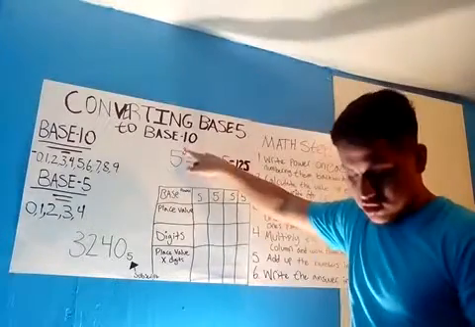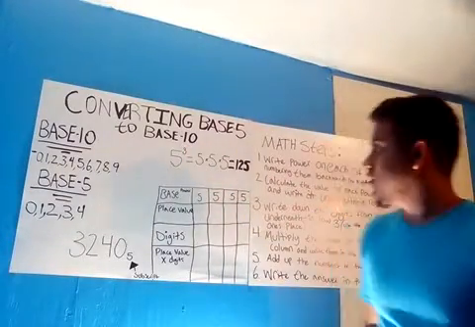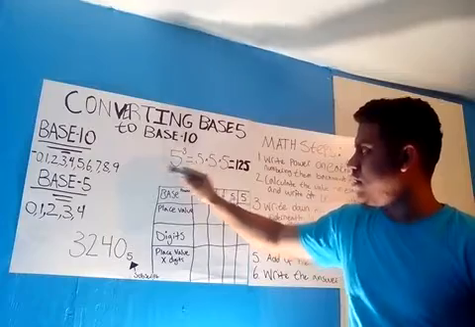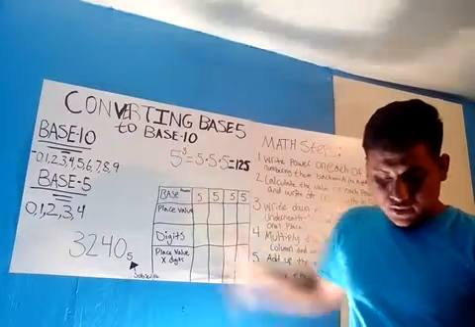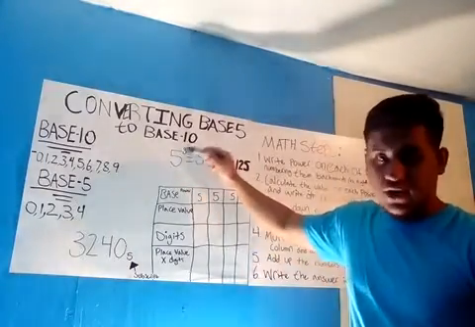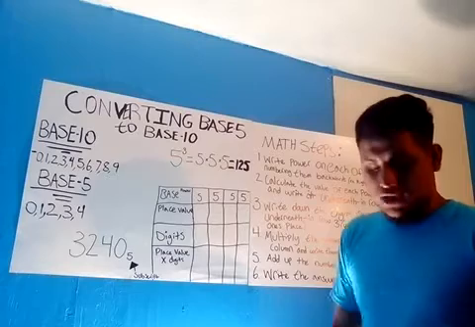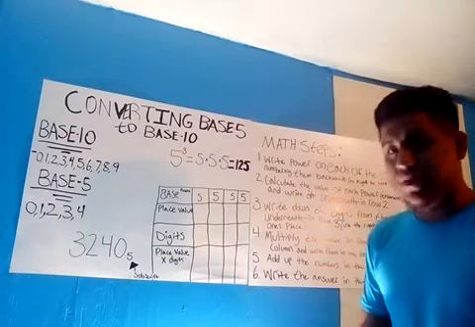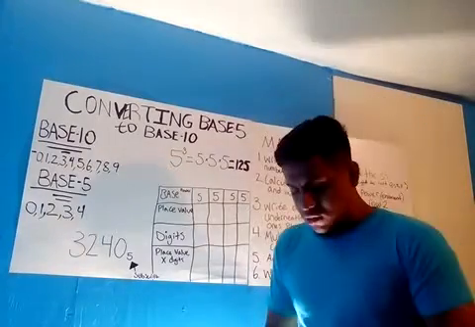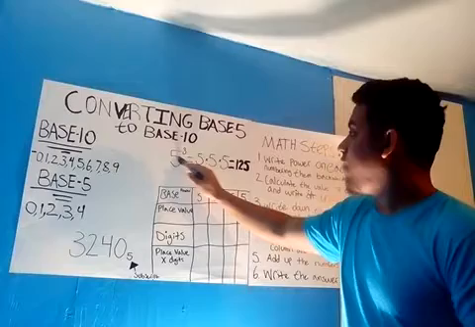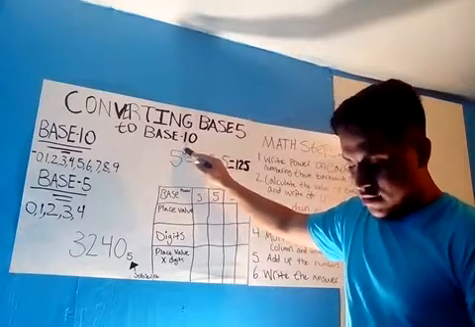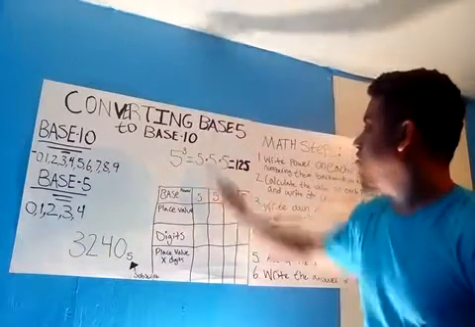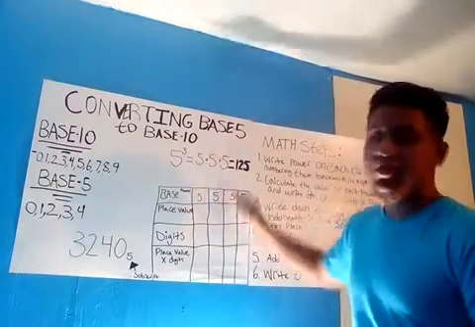The big number is the base, and the small number up here is the exponent, or what you call the power as well. So we're going to write 5 to the third power. It looks something like this.